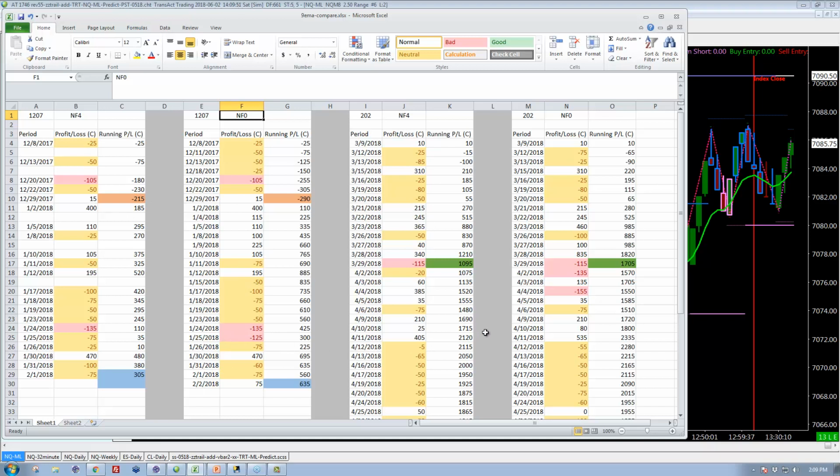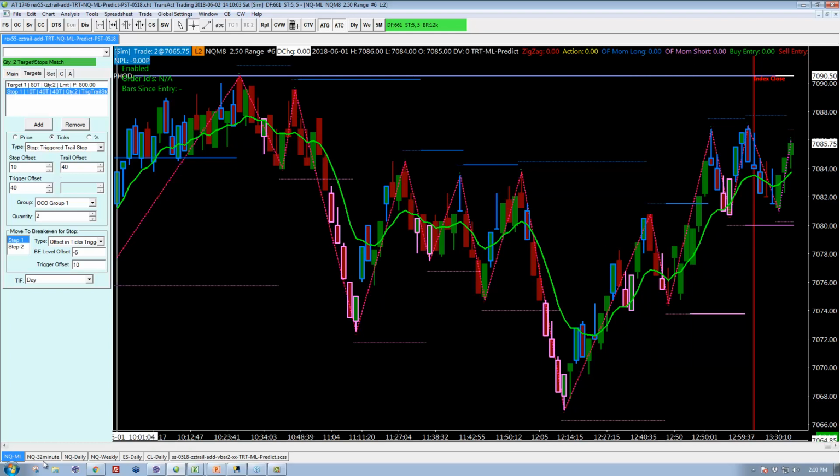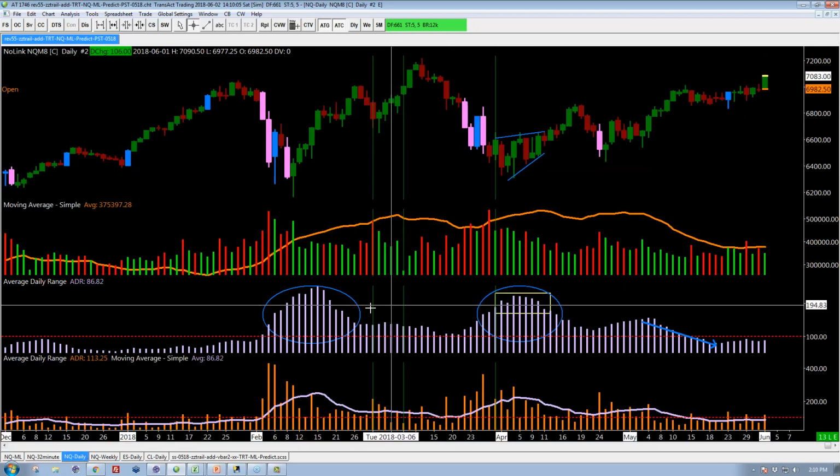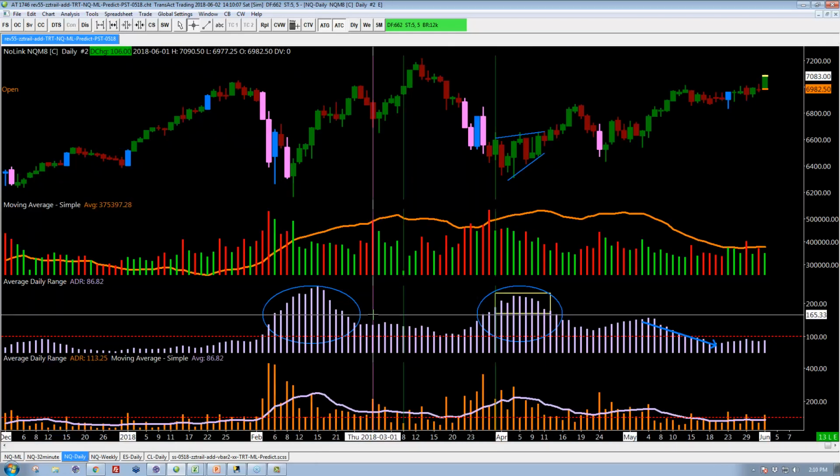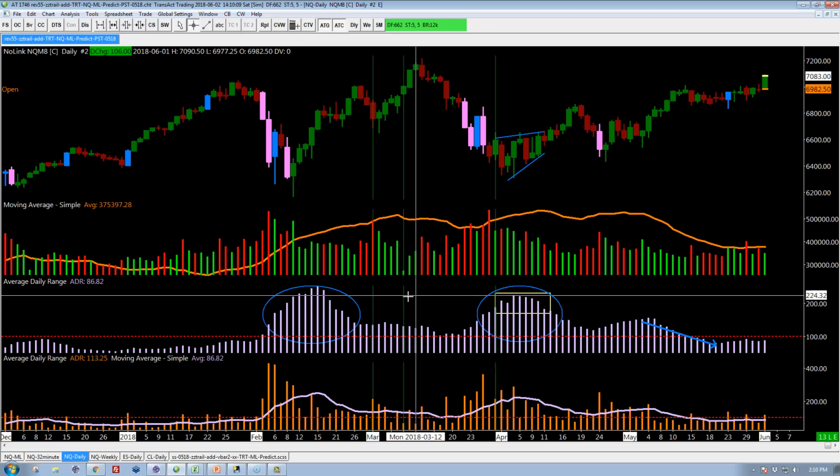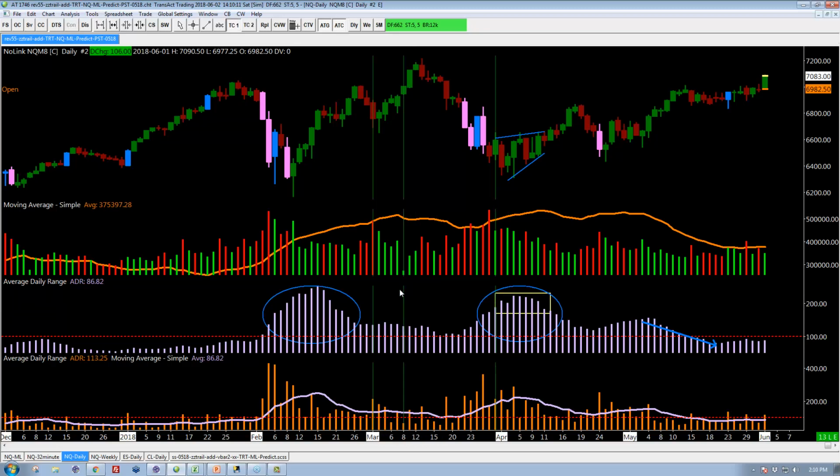optimizing a system and not recognizing that it is applicable only to a certain market condition. That market condition is this level of volatility. March 9th is this green line right here, so from here forward.